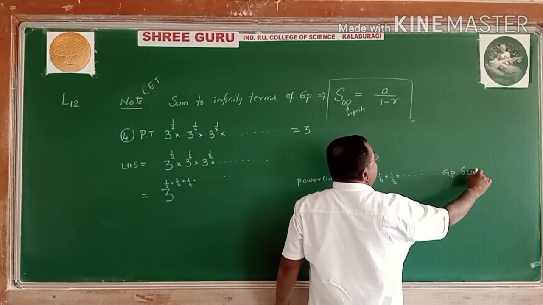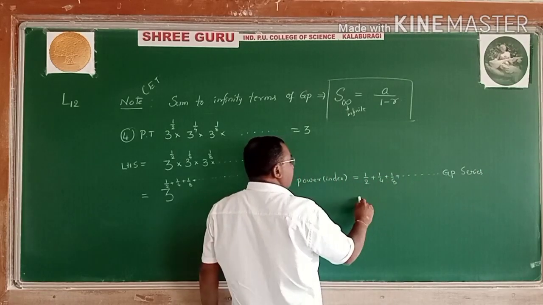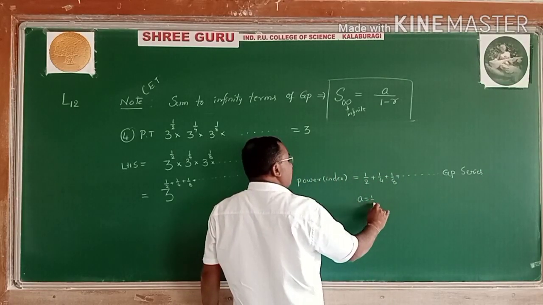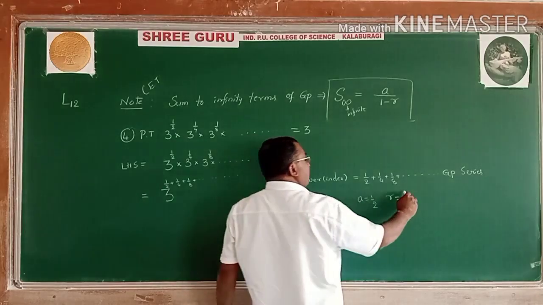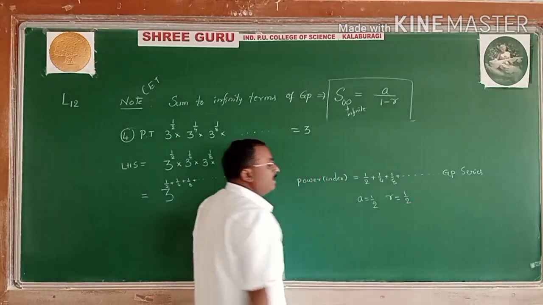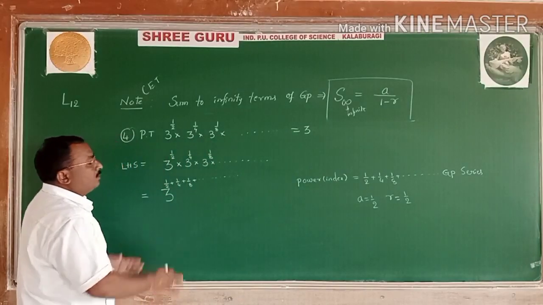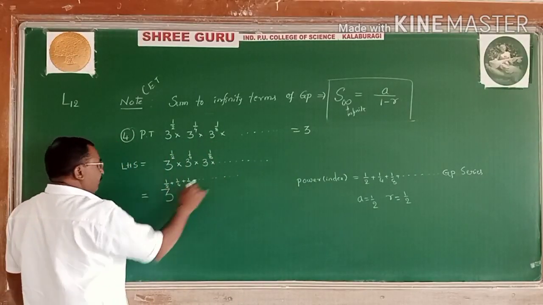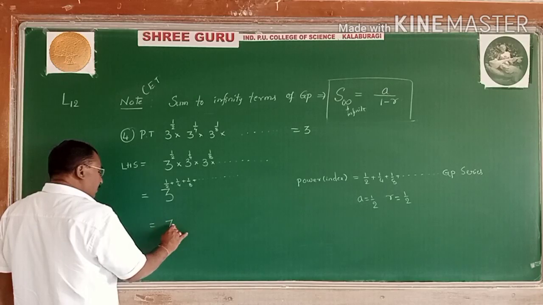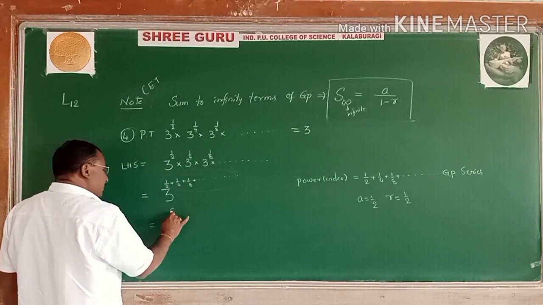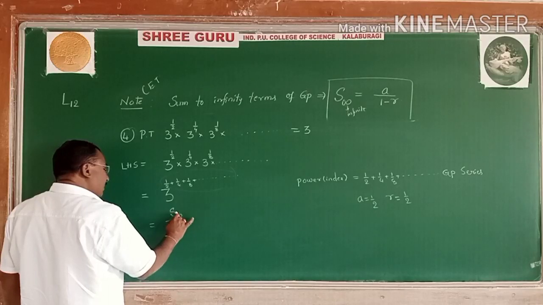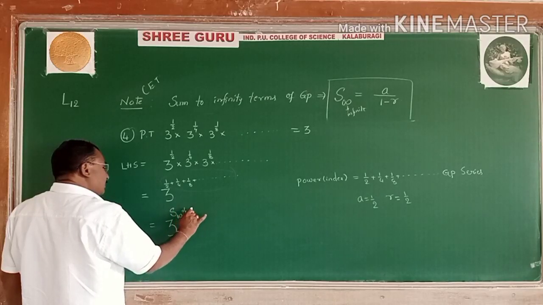Here A is 1 by 2 and R, the common ratio, any term divided by previous term, is also 1 by 2. Since the power goes up to infinity, it is the S infinity of a GP series.